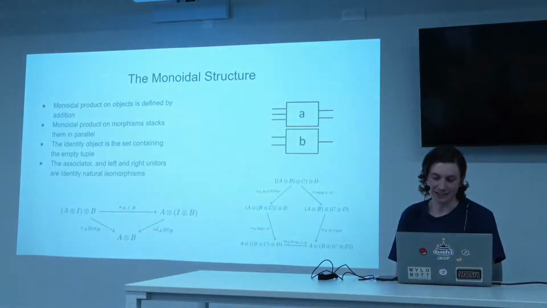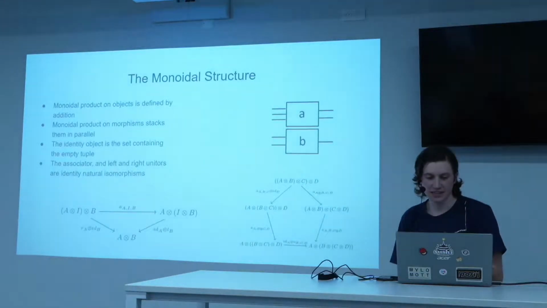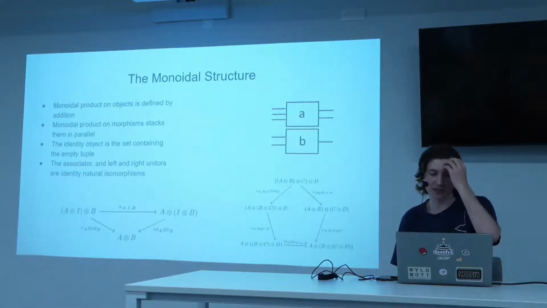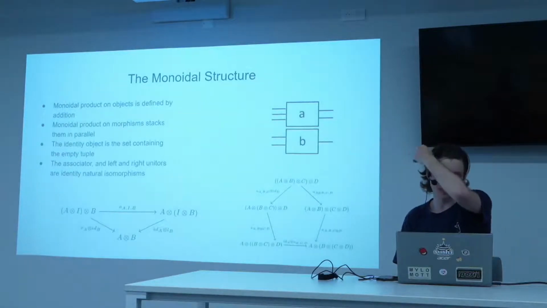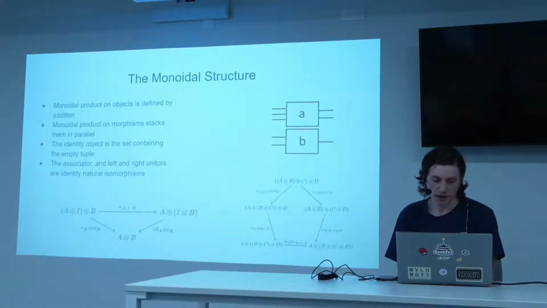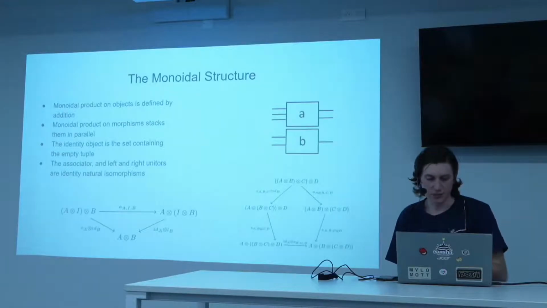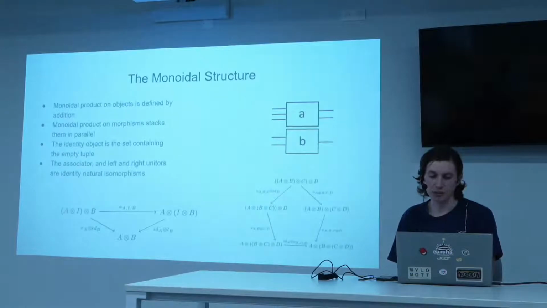And on morphisms, it's interpreted graphically as stacking the variables on top of one another, and algebraically, it adds together the sizes of the signal tuples, and the composite morphism will have the combined actions of the original two.